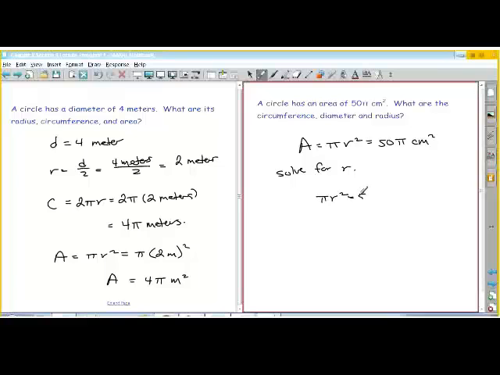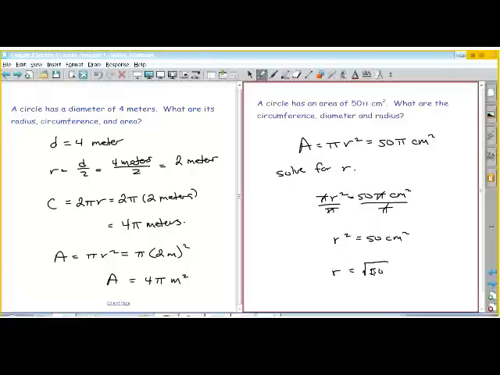So what we're going to do is take our original equality, and divide both sides by pi. Pi over pi is 1. So we get r squared is equal to 50 centimeters squared.